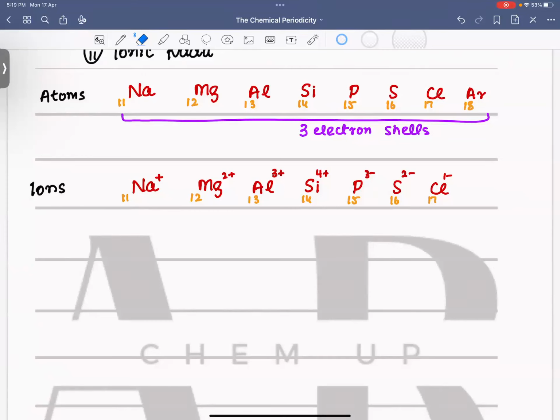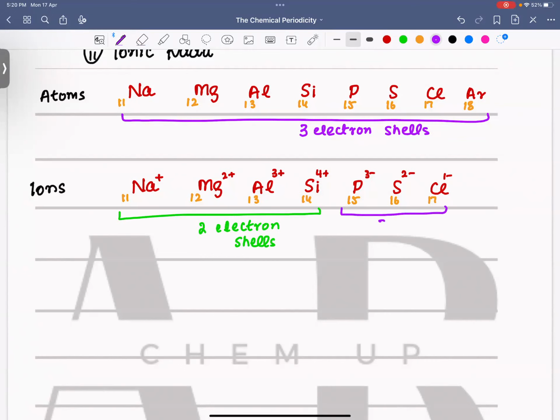So here I can comment that these four now have 2 electron shells, right? And these three have 3 electron shells. Is this understandable? Yes.